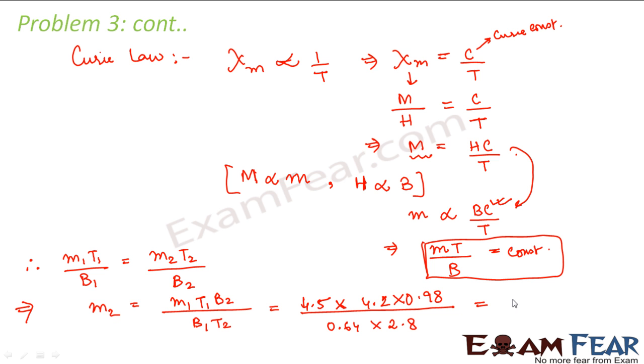So when you calculate this, you get the result as 7.875 joule per Tesla. So this would be the value of the net dipole moment when the temperature is further reduced at a magnetic field of value 0.98 Tesla.